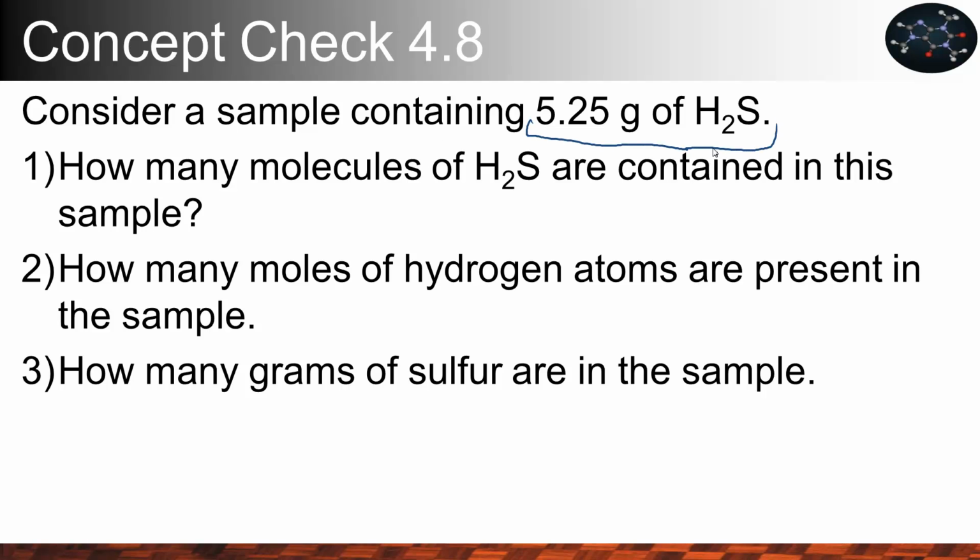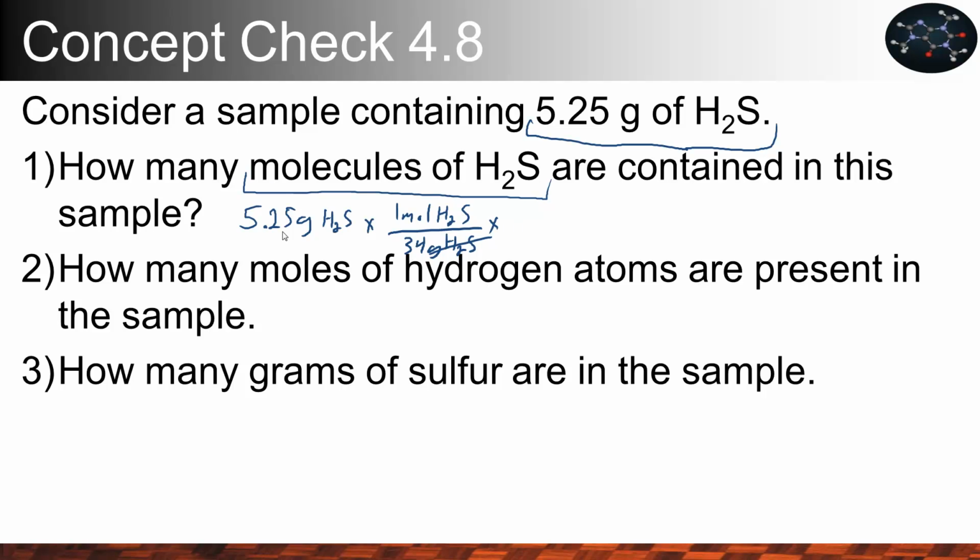So let's do the same kind of thing. 5.25 grams of hydrogen sulfide. To answer this first question, how many molecules of hydrogen sulfide are contained in the sample? We know how to do that. We just did it. 5.25 grams of H2S times 1 mole of H2S for every 34 grams of H2S. All right, now we're in moles.